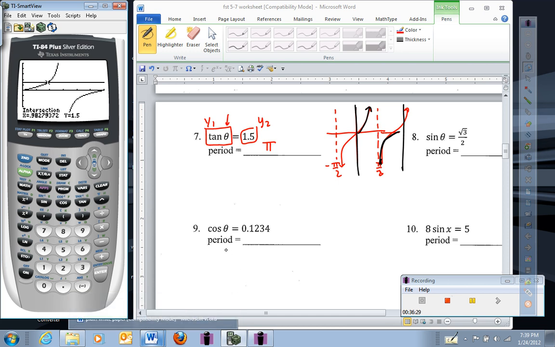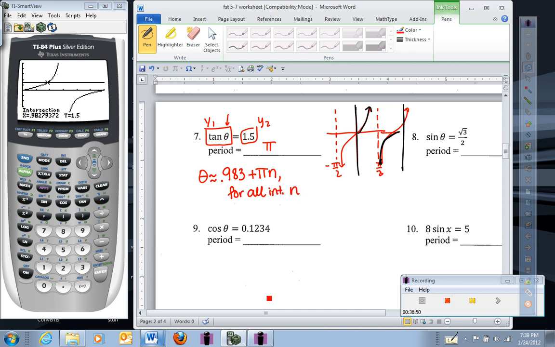I hope it's nothing on yours unless you have some wrong number there. So we're going to say theta is approximately 0.983 plus the period times n. So we're going to say pi times n for all integers n.